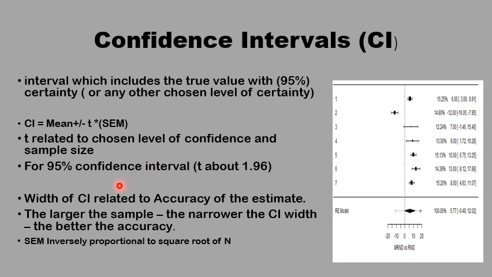The width of the confidence intervals is related to the accuracy of your estimation. If you want to narrow the confidence intervals as much as possible, you would need to increase the size of the sample. Remember that the standard error is calculated by dividing the standard deviation by the square root of the number of the sample. So the higher the number of the sample, the smaller the standard error and the confidence intervals will be.